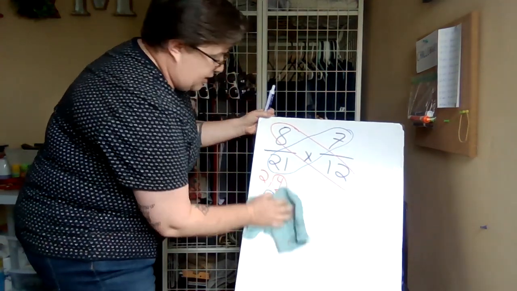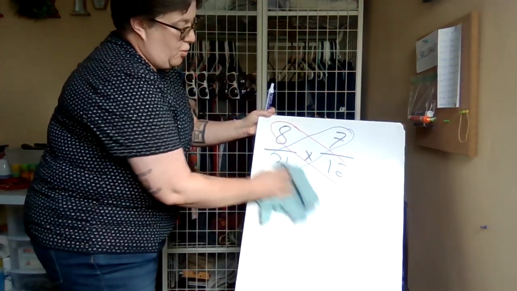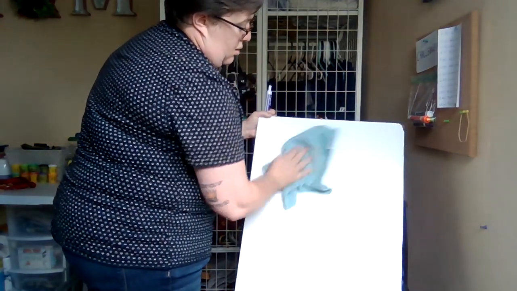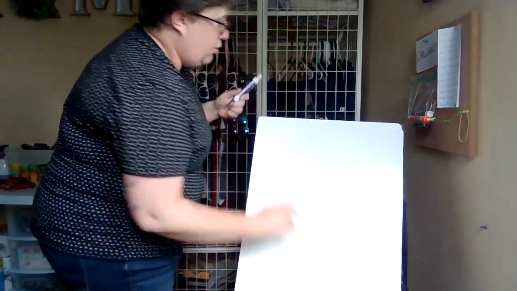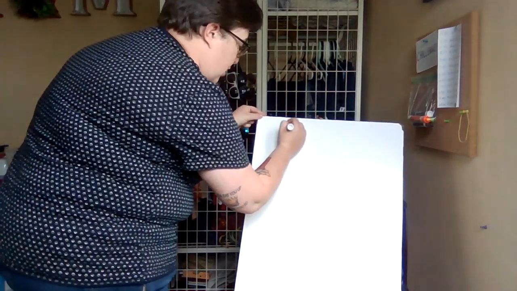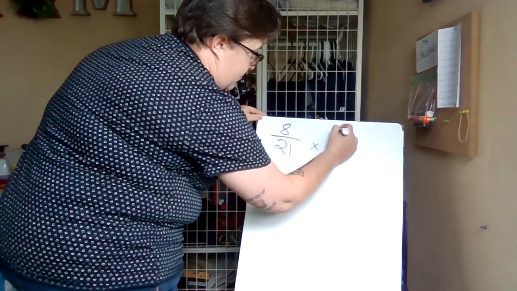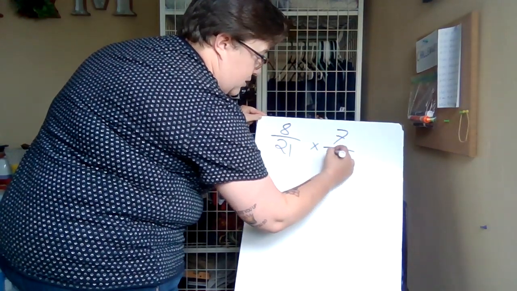So let me erase this and show you what that next step is for our notes. Again we have 8/21 times 7/12.